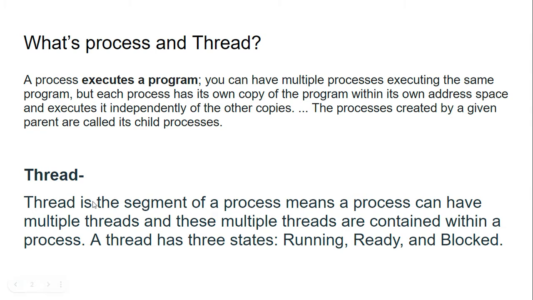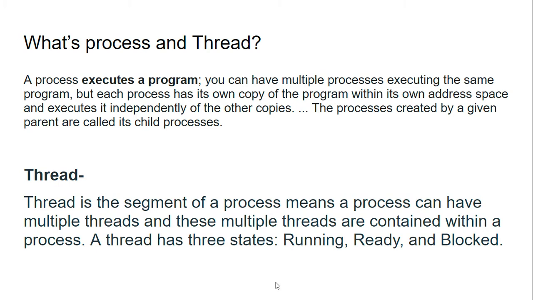But what is a thread? A thread is a segment of a process, meaning a process can have multiple threads, and these multiple threads are contained within a process. So a thread basically is a part of a process. If we want to do something without halting the process, there we will be using a thread.